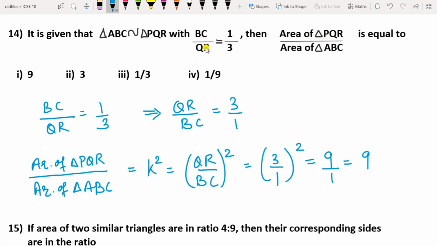So you have to flip these sides. So instead of BC upon QR, you have to write QR upon BC equal to 3 by 1. Now area of triangle PQR upon area of triangle ABC is k square, that we know. So k square means the side square. So the side is 3 by 1, its square is 9. So 9, that is option 1 is the correct option.